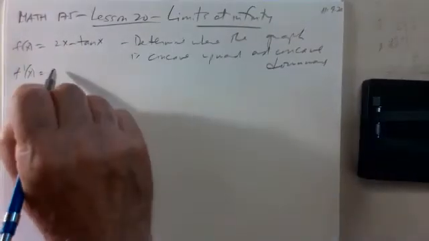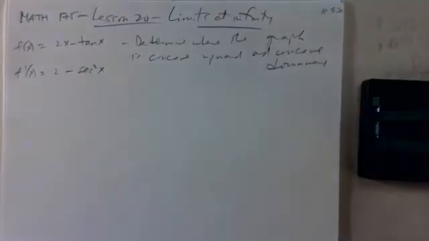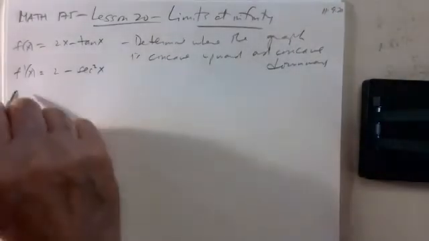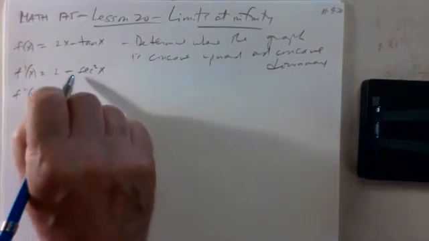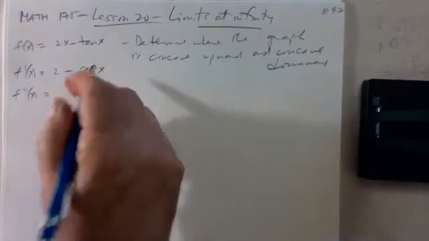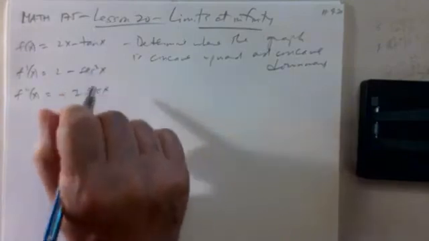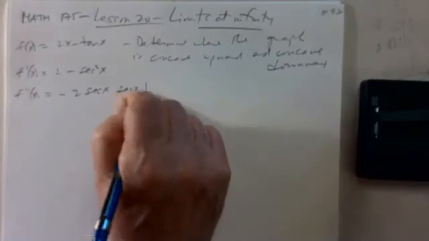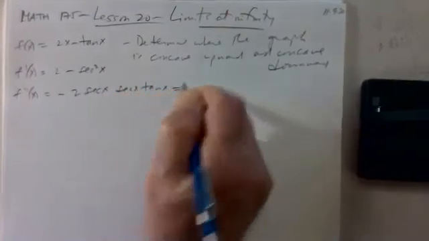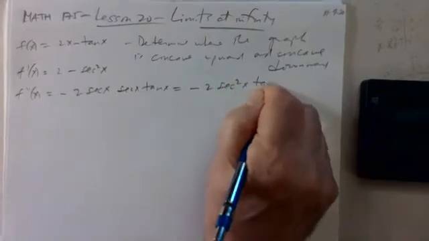So the first derivative is 2 minus secant squared, since the derivative of the tangent is secant squared. And the second derivative of 2 is 0. So the derivative of minus the secant squared is minus 2 times the secant of x times the derivative of the secant, which is the secant times the tangent. So this is minus 2 secant squared x tangent x.